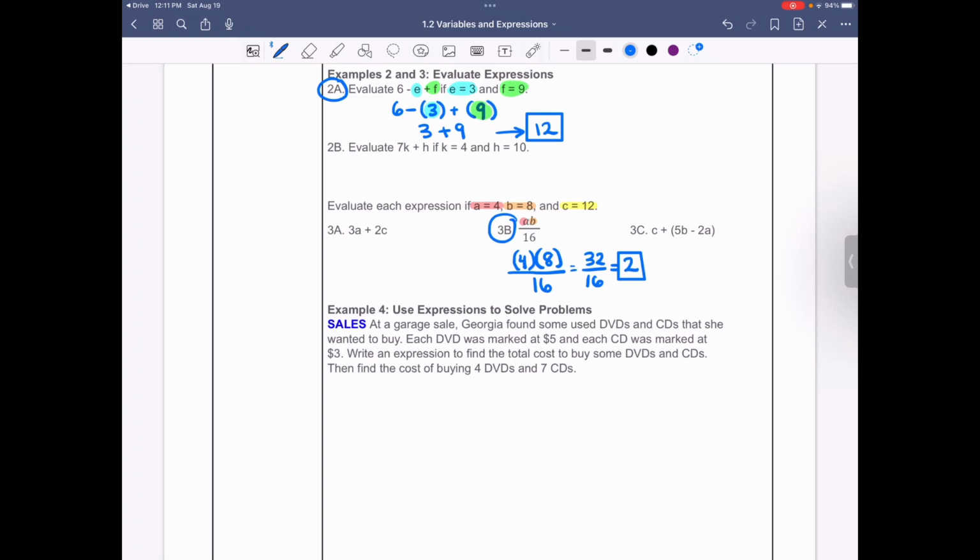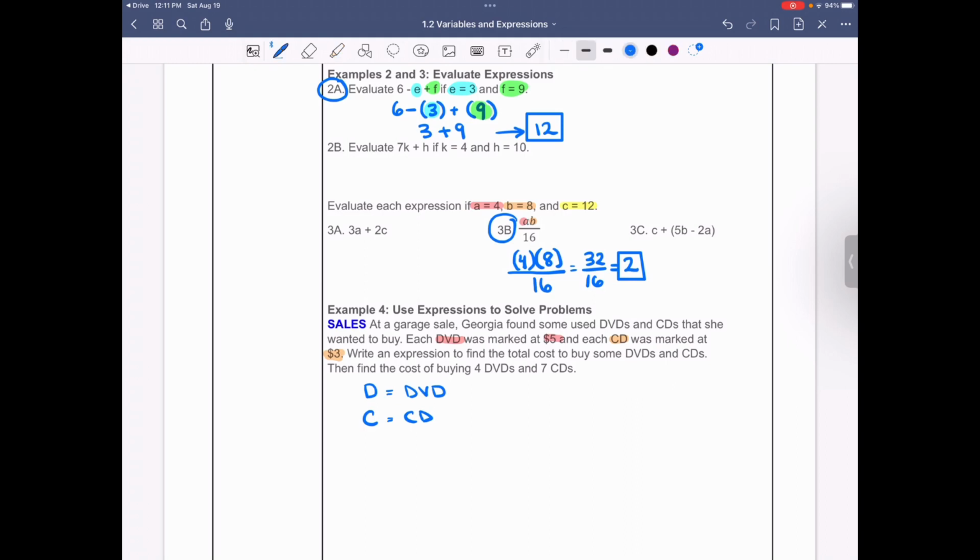Okay, we need to define some variables. So we'll say that D is a DVD and C is a CD. Then we know that, how much are DVDs? DVDs are $5 each, and the CDs are $3 each.